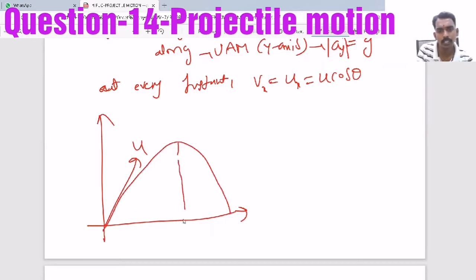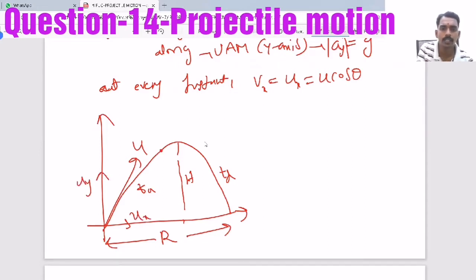At one moment it will reach some maximum height, h, and it will cover some maximum horizontal distance, that is called range. This is the ascending time and this is the descending time. There is an initial x velocity and an initial y velocity, and at every instant there is an x velocity and a y velocity, and the x velocity always remains constant at every point.